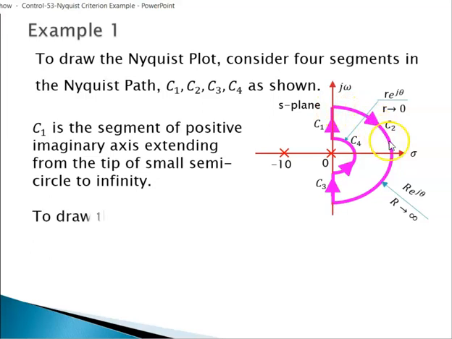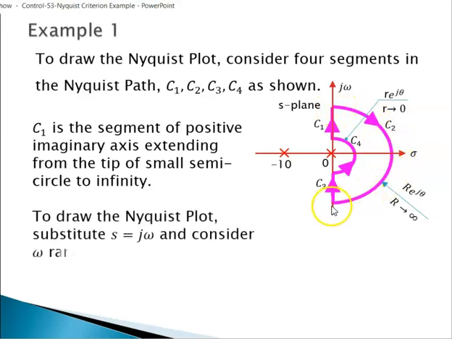Segment 2 is this big semicircle. Segment 3 is this segment on the negative imaginary axis, and segment 4 is this small semicircle. You may note that C1 on the positive axis and C3 on the negative axis are mirror images of one another.